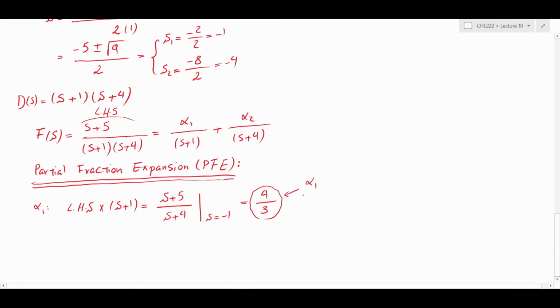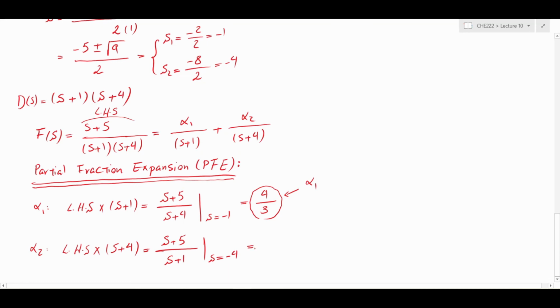is 4 over 3. In the same manner, we can calculate alpha 2, which is the left hand side of the equation multiplied by the denominator corresponding to alpha 2, s plus 4. So we get s plus 5 divided by s plus 1 in this case, and we evaluate it at s equals minus 4.